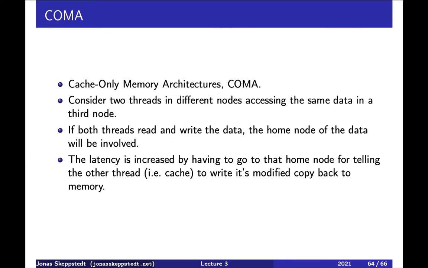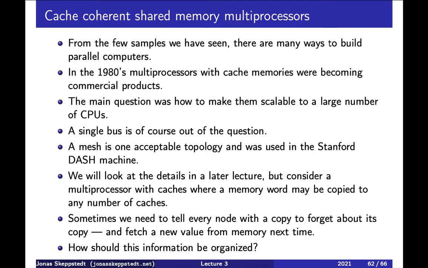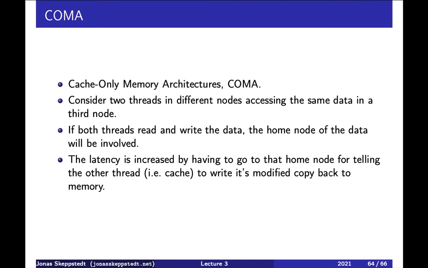So if we have two threads in different nodes and they access some data in a third node, in a normal cache-coherent multiprocessor, then there will be 3 nodes involved in communicating. But it would be much better if the machine realizes that, okay, it's these 2 nodes which are interested in this variable.